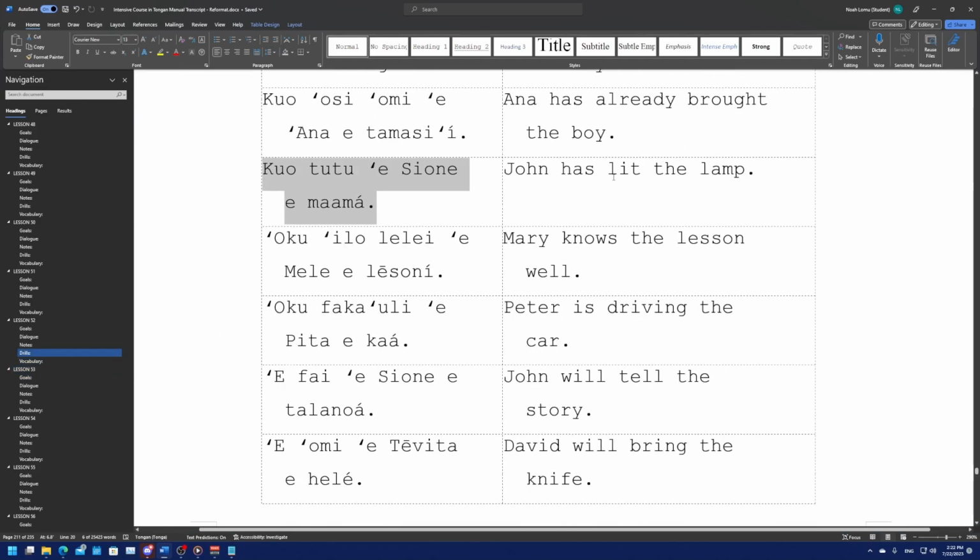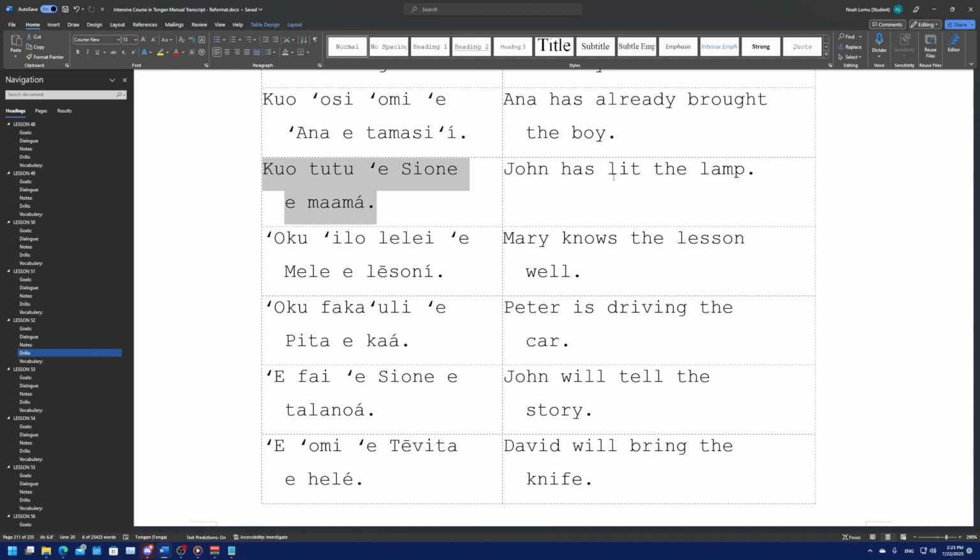No, it's okay. You can't just memorize vocabulary after seeing it once. It's not reasonable. So tutu is just to light, usually with lamps or a fire. It kind of means to kindle something, like create a fire.